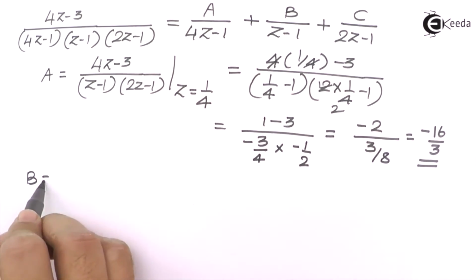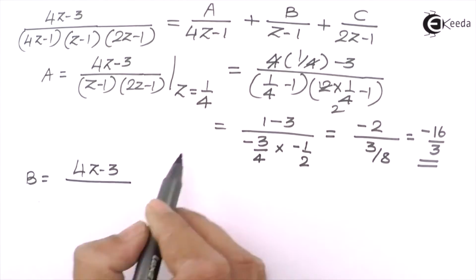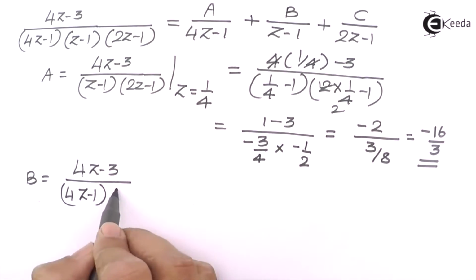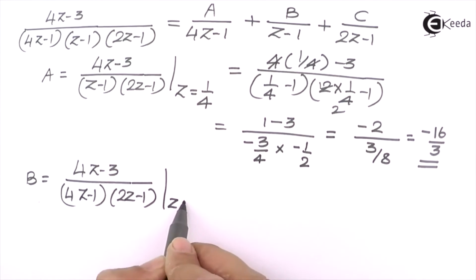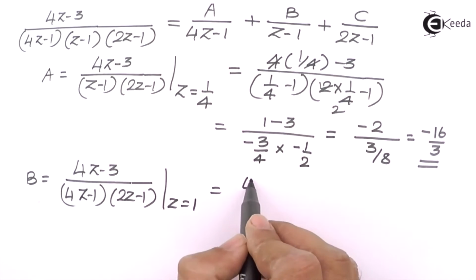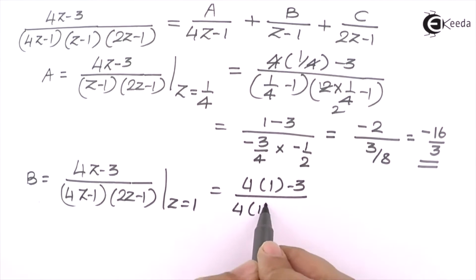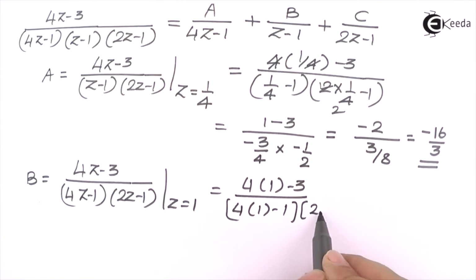Now let's find out B. So once again, same transfer function except (z - 1). We have to evaluate at z = 1, which is nothing but (4 into 1 - 3) upon (4 into 1 - 1)(2 into 1 - 1).